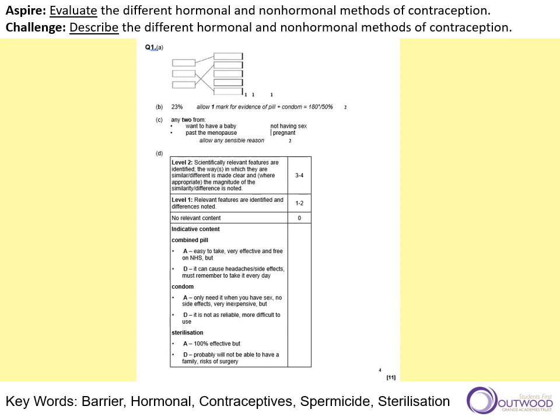Sterilisation, 100% effective, disadvantage, you won't be able to have a family, and there are risks of surgery. Okay, so they are the pros and the cons, the advantages and disadvantages of each one.